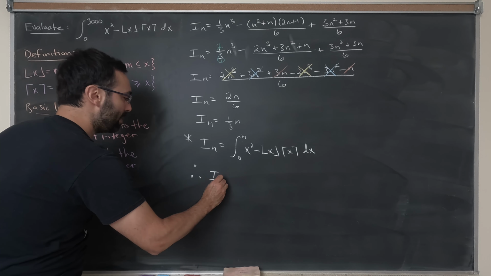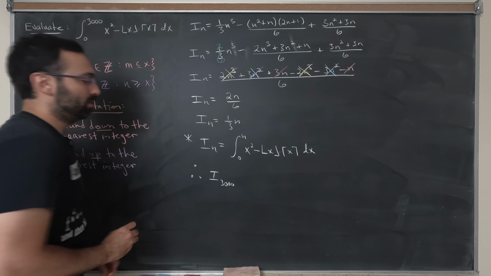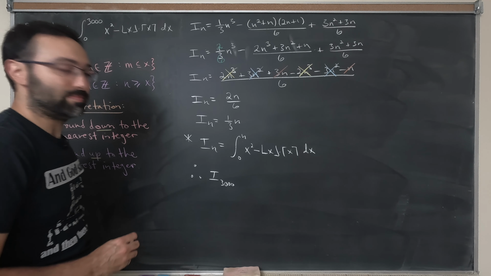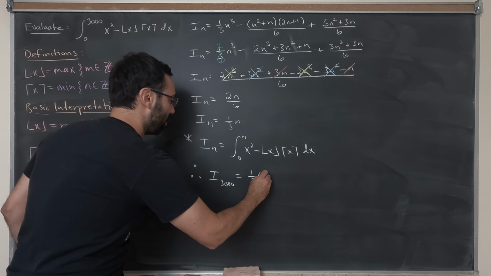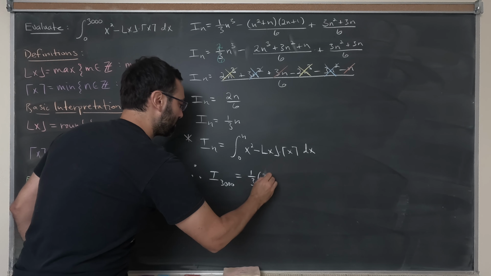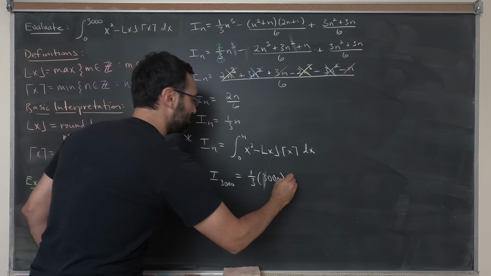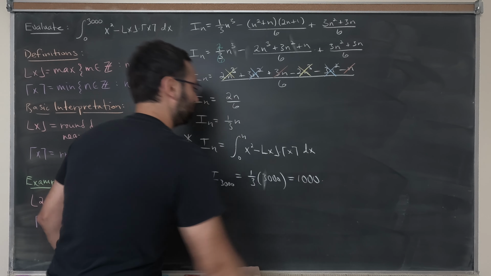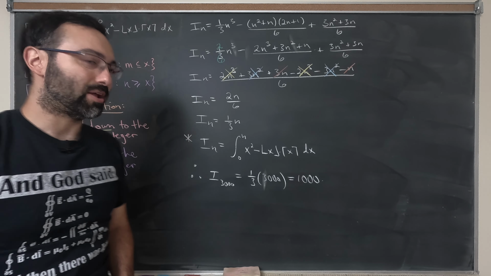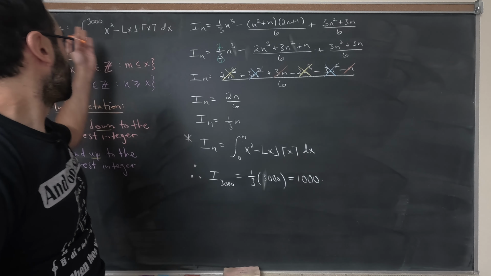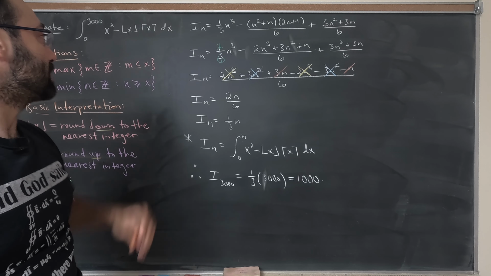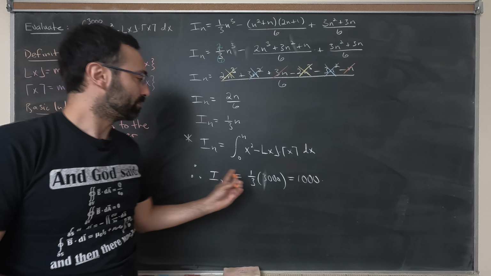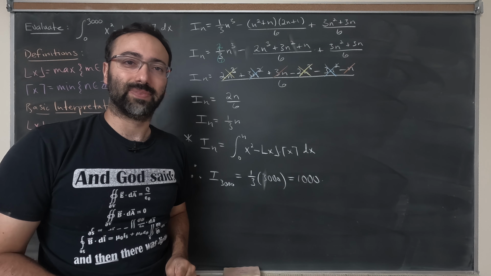Our I sub n, our integral evaluated at n equal 3,000, is simply 1/3 of 3,000, which is 1,000. And that completes our integral. So the integral from 0 to 3,000 of x squared minus the floor of x times the ceiling of x dx is 1,000. Thanks for watching.